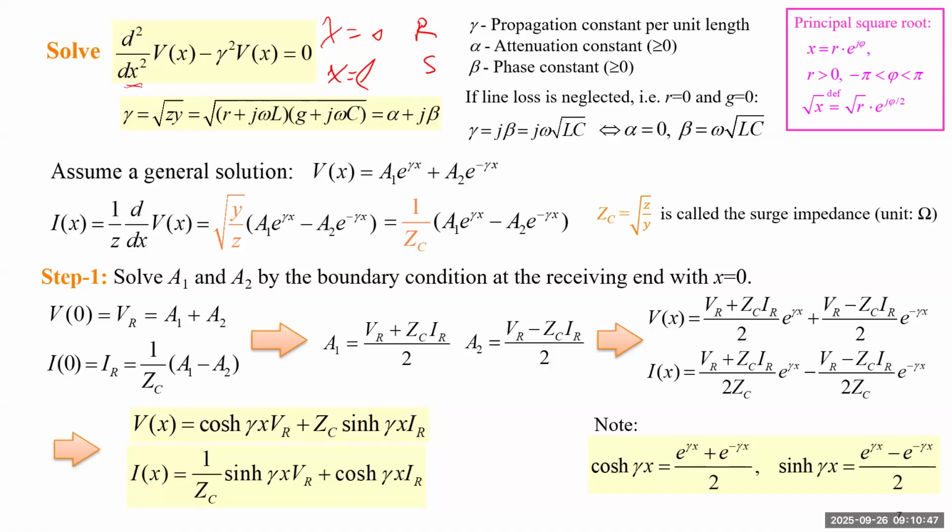Gamma, by definition, is the square root of the product of z and y. Z is the series impedance per unit length, and y is the shunt admittance to the ground per unit length.